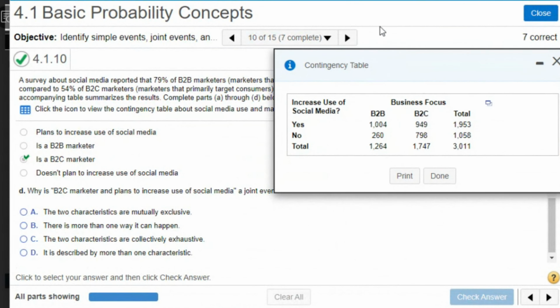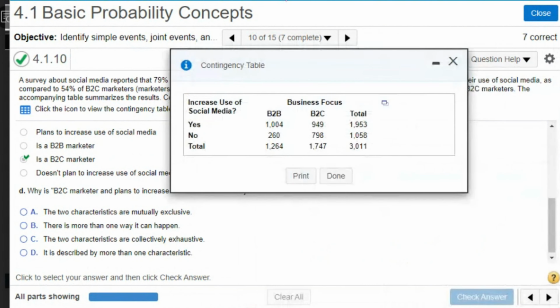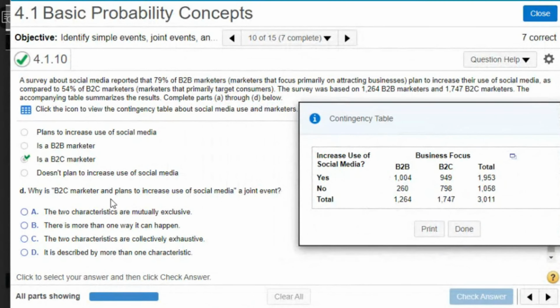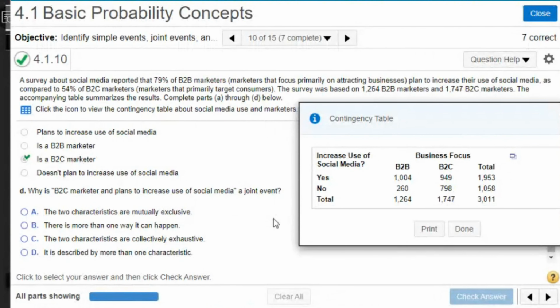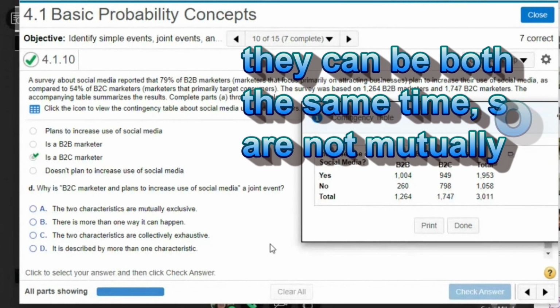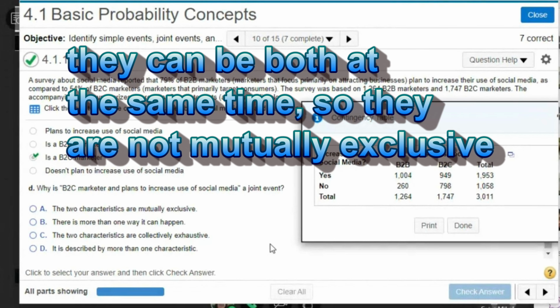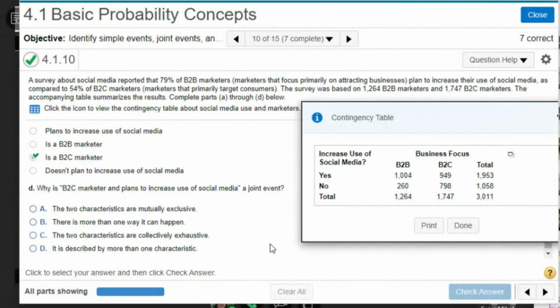Next, why is B2C and plans to increase use of social media a joint event? Well, obviously, it's because it is describing two characteristics. Let's see what the choices are. The two characteristics are mutually exclusive. Is that true? No, you can be B2C and increase use of social media at the same time, so they are not mutually exclusive. So this answer is incorrect.